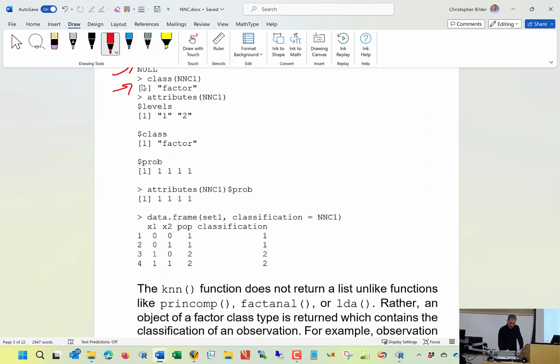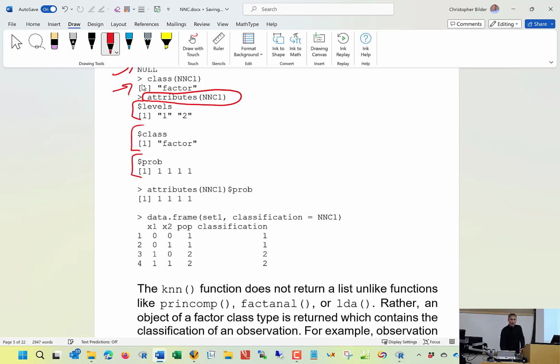But if I use the function attributes, and this is the first time we've ever done this, if I use attributes with nnc1, I get what looks to be essentially a list in return. And so we see the 2 levels for our groupings. We see the class.